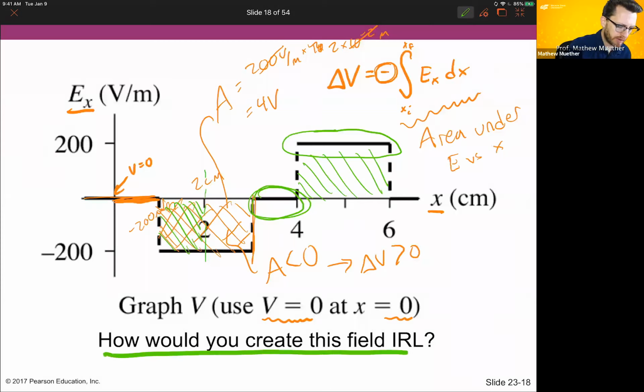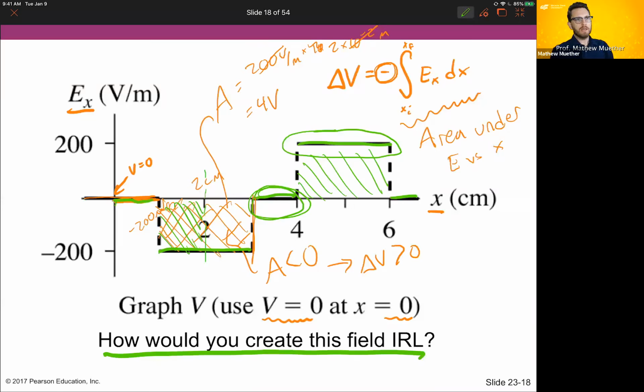How would I create a field like this in real life? What kind of devices would I need to create an electric field that looks like this? That's 0 and then negative and then 0 and then constant positive and then 0. Any ideas?